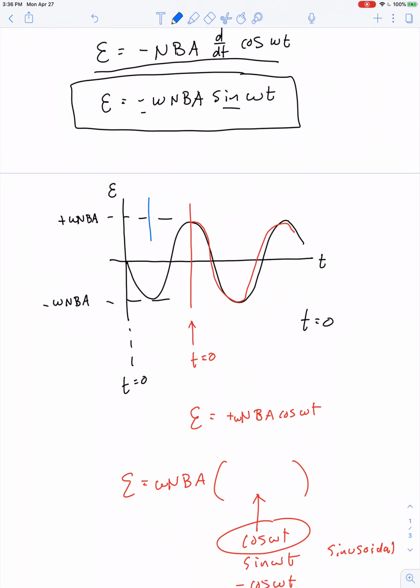It doesn't have to be exactly when the output voltage is the most minimum. It doesn't have to be when the output voltage is a 0. It doesn't have to be at a maximum. We could have our origin in time at any random position, maybe here, where the EMF is instantaneously, who knows.